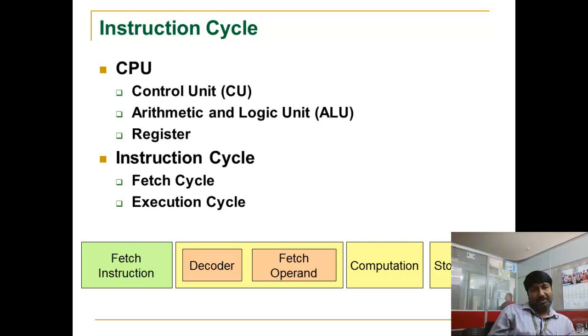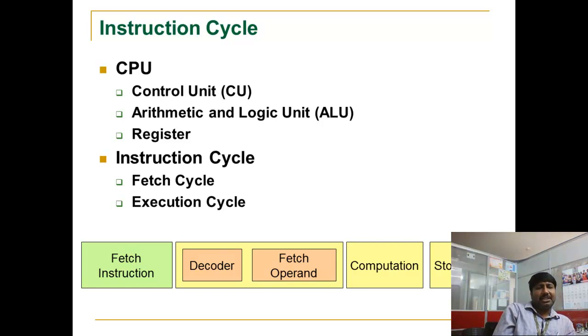All arithmetic and logical operations will be performed by the ALU with the help of the registers. The registers we further classify as working registers, general purpose registers, status registers. Like in the previous slide we discussed the status word SW, or we studied a register called PC, program counter. What is the responsibility of PC? It holds the address of the next instruction to be executed.